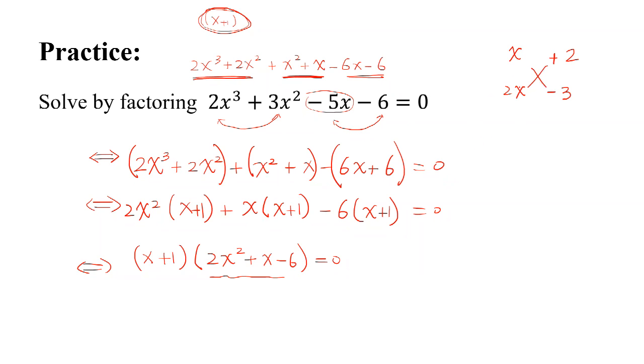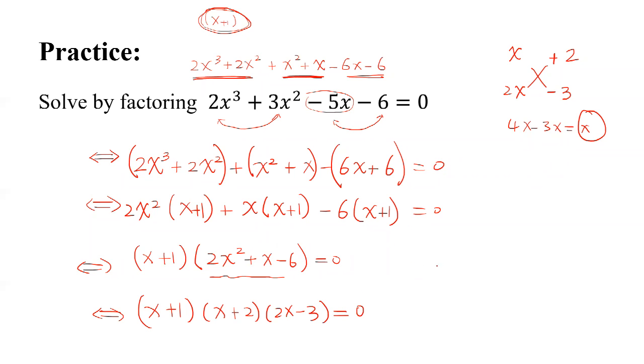In this way, by cross product, you will get 4x minus 3x, which is x, which is exactly the term in the middle, right? So this is equivalent to x plus 1, x plus 2 times 2x minus 3 equals 0. So the solutions are x equals 1, or x equals minus 2, or x equals 3 over 2, right?